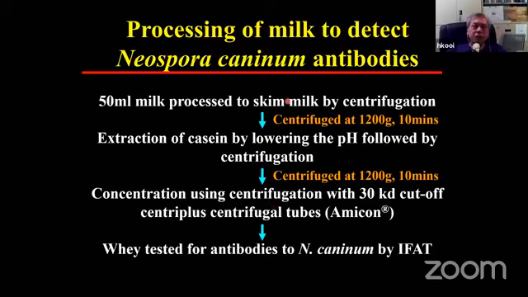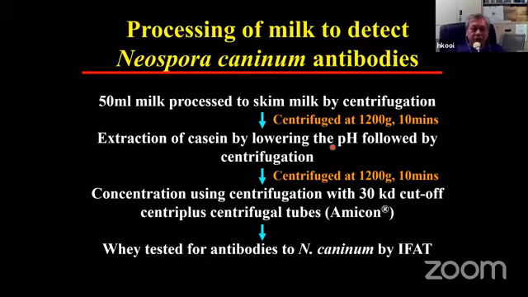So how do you process milk to test for antibodies? Just very simple. You do centrifugation at low temperature. You take out the butter. The top part is the butter. After centrifugation, the lower part is the skim milk, which means there is no butter in the milk.